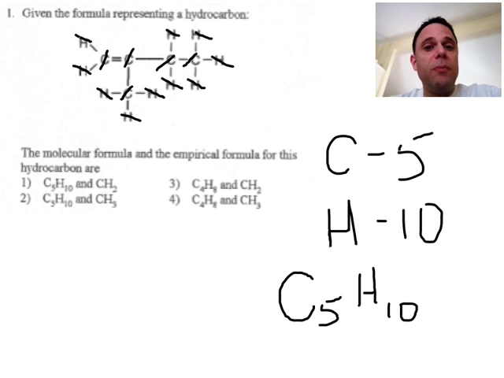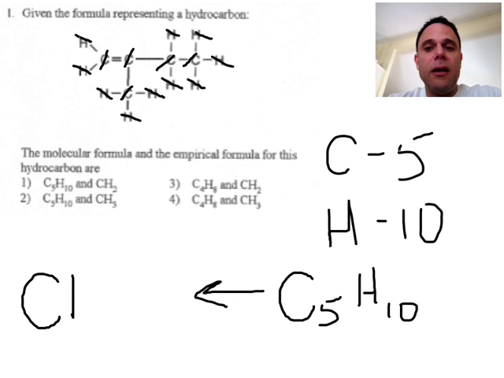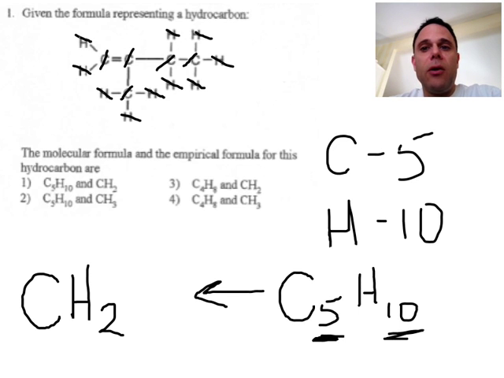Now, if this could be reduced, that must be the molecular formula, and in fact this one can be reduced to a simplest whole number ratio that is represented by CH2. For every 1 carbon, we have 2 hydrogens. Which one matches? C5H10 as our molecular formula and CH2 as our empirical.